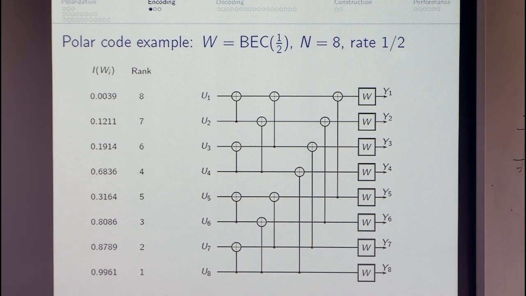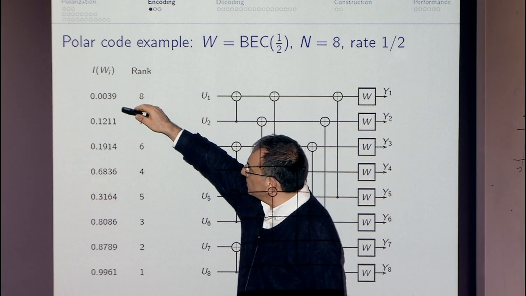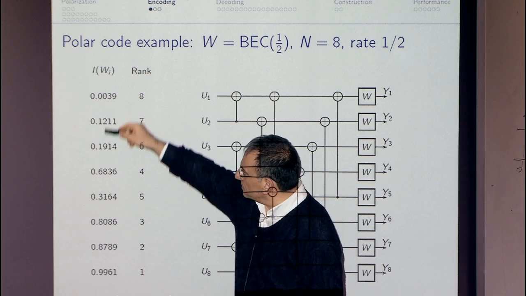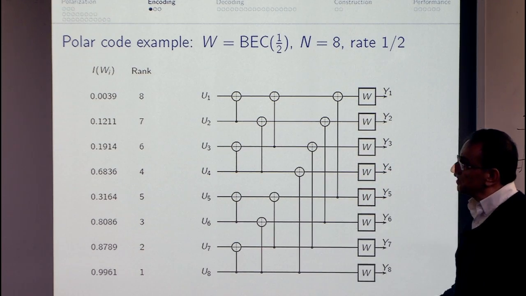In the rest of the talk, maybe 10 minutes or so, I would like to explain how encoding and decoding take place and why they are low complexity. This is going to be an example of encoding. We have these channels. We have done the calculations, and these numbers here are the capacities of the channels that we've synthesized.